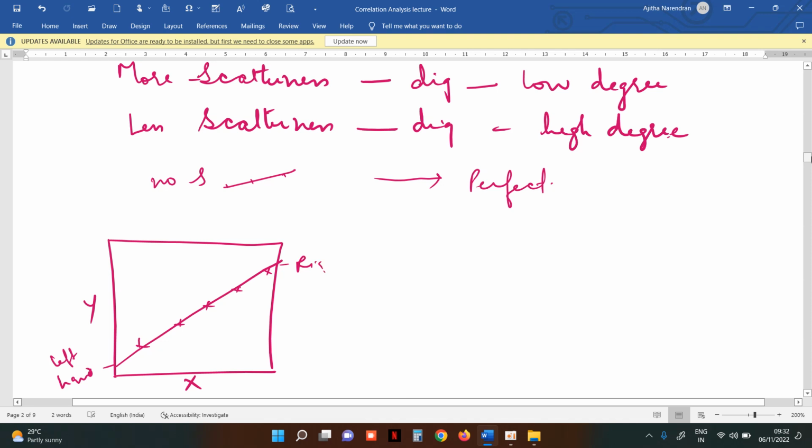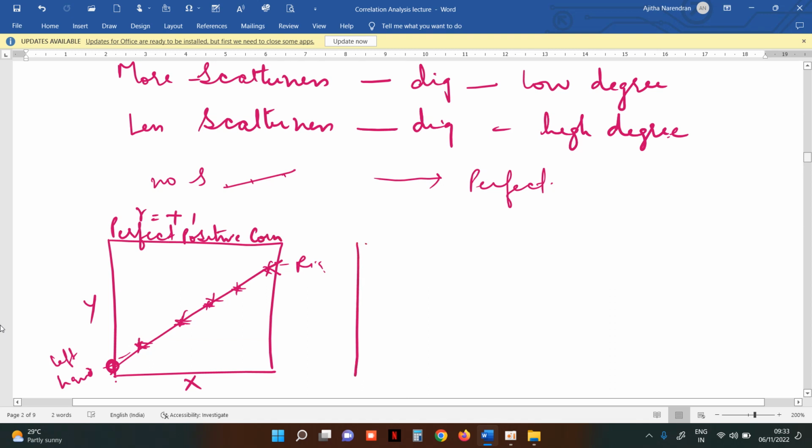When all the points of x and y fall on a straight line, moving from the lower left hand corner to the upper right hand corner, this is the case where the correlation is equal to plus 1. It is known as perfect positive correlation.